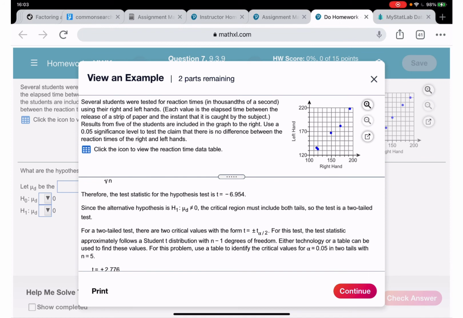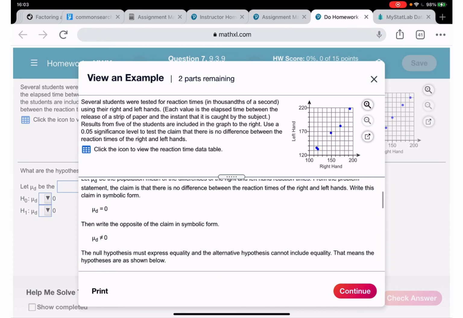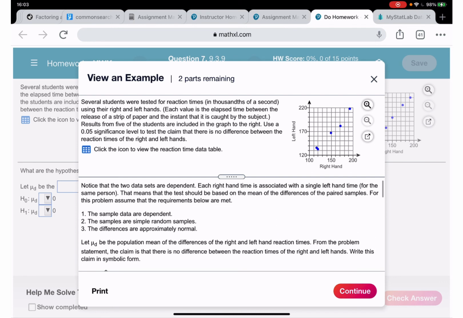Okay, the next question: we found the test statistic. Now we need to identify the critical values. For critical values, we know what to do, right? Our alpha is how much? 0.05, I believe. Let me check the beginning of the problem.